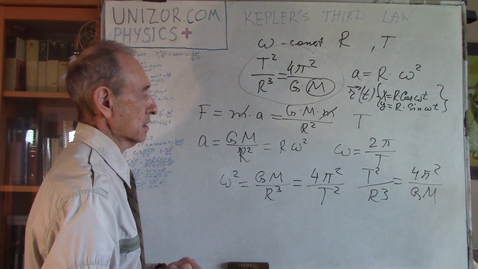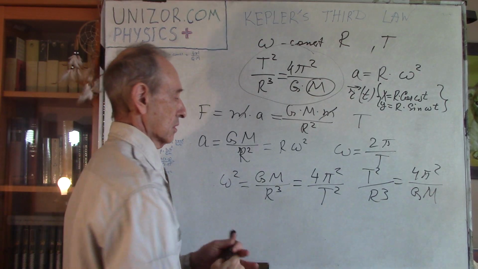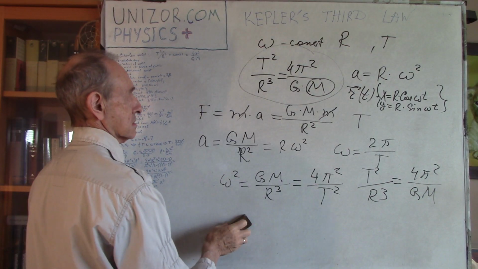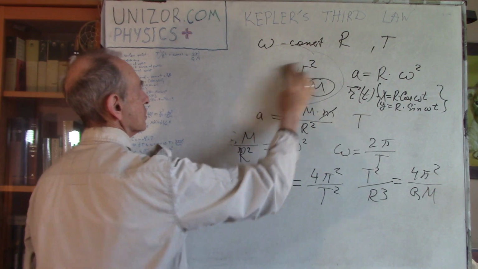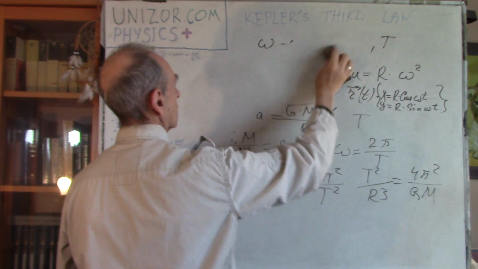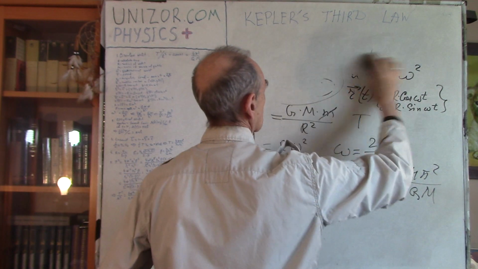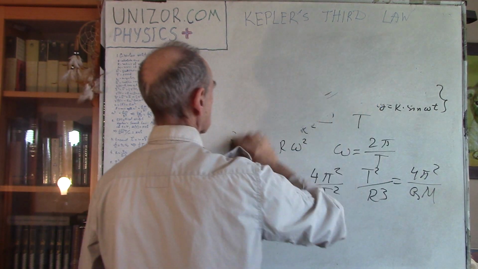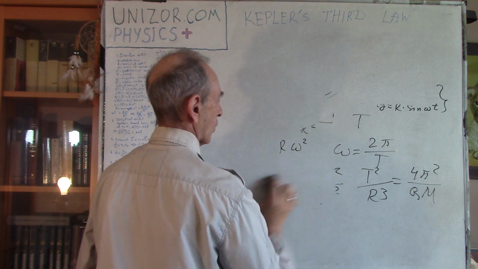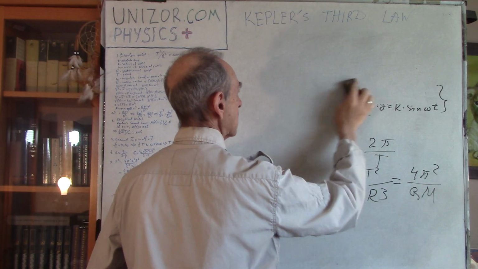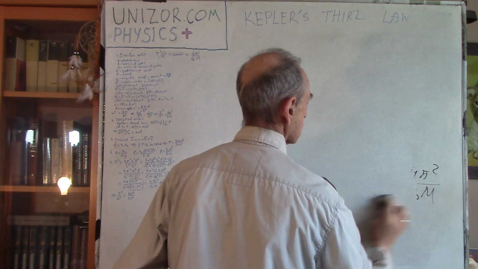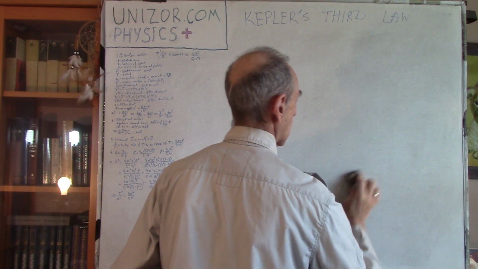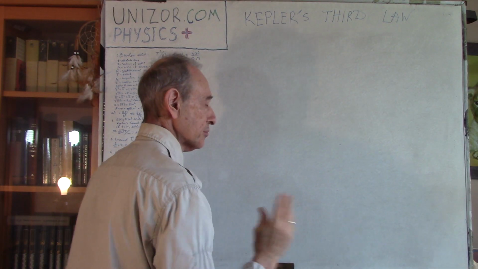So in the case of a circular motion, that's kind of easy, and you don't need much theory except just regular manipulation with coordinates.